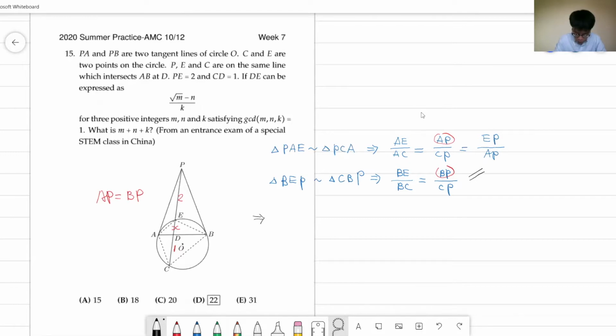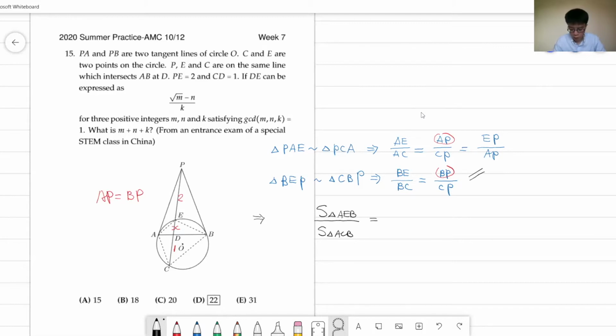So we can calculate the area of triangle. Okay, let's do this. The area of triangle AEB over the area of triangle ACB.